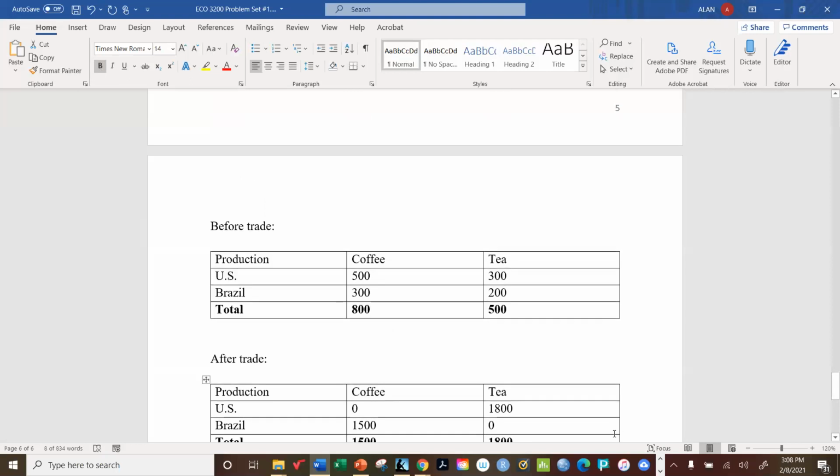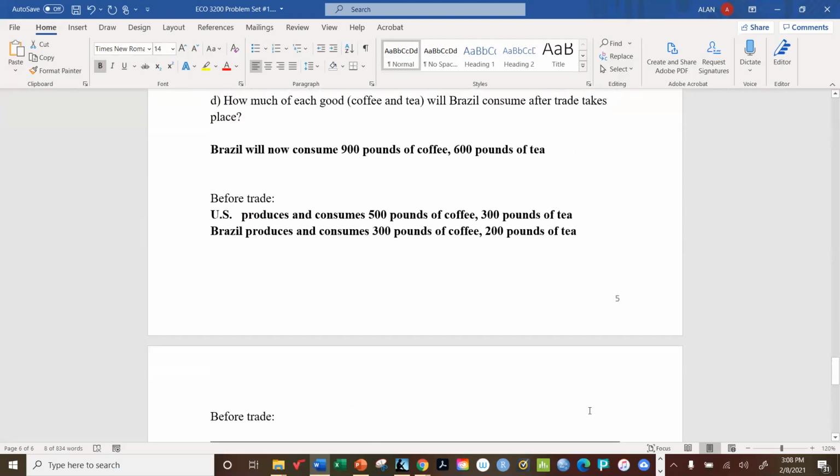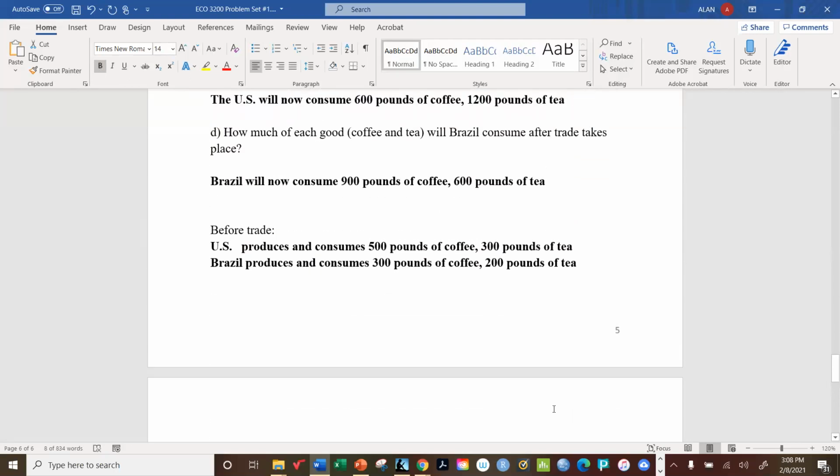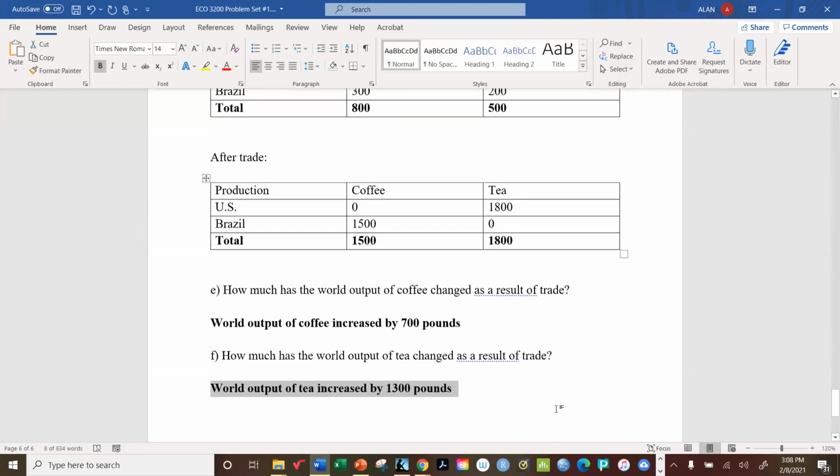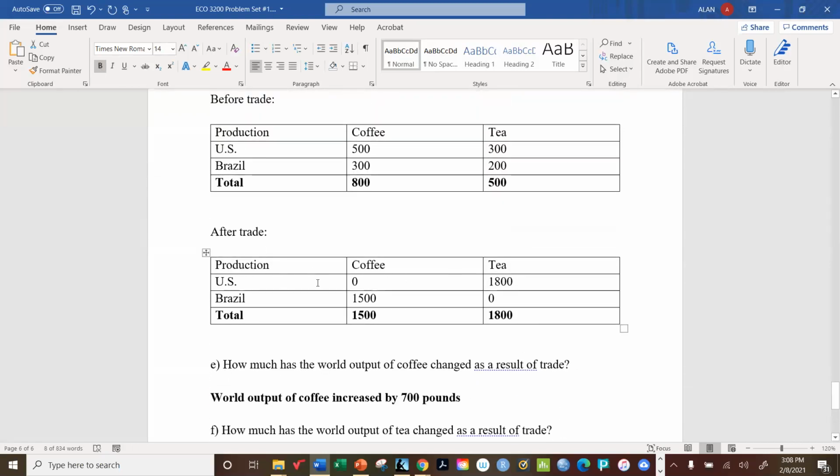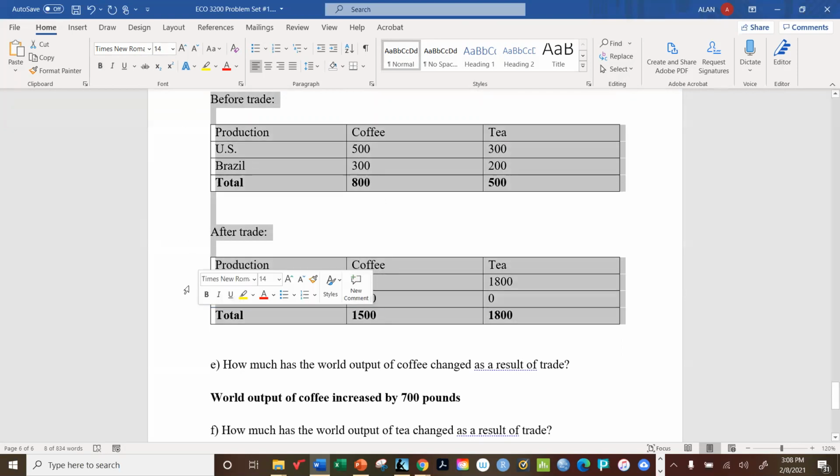Okay, I think that's easier than what I was about to do here. Now, I would also like, even though they didn't ask for this, I'd like to do the same thing for consumption. And just so we can see what the consumption patterns look like.